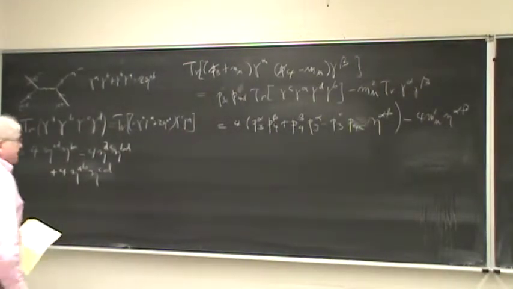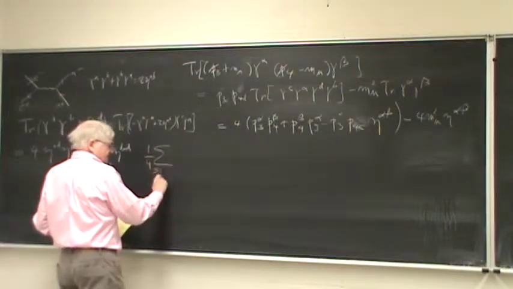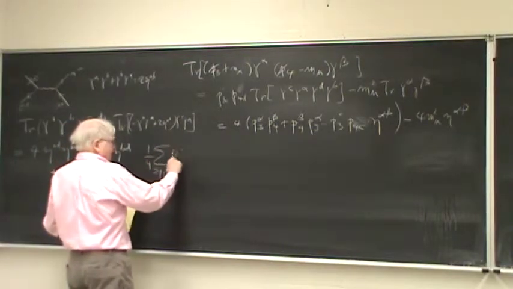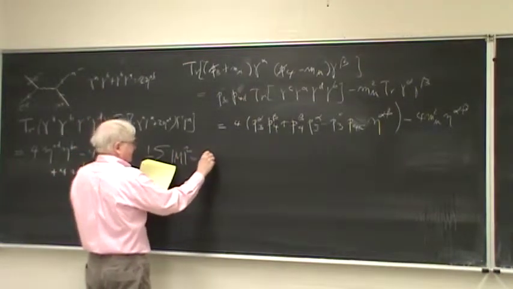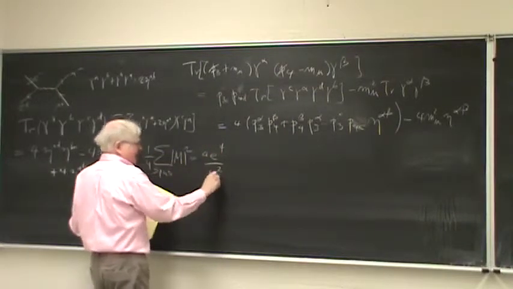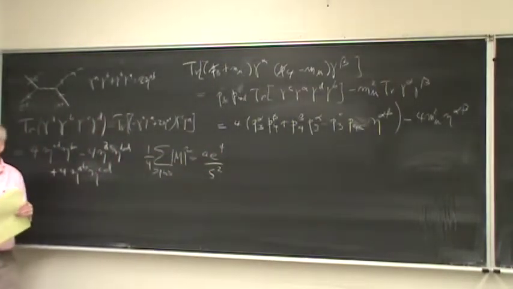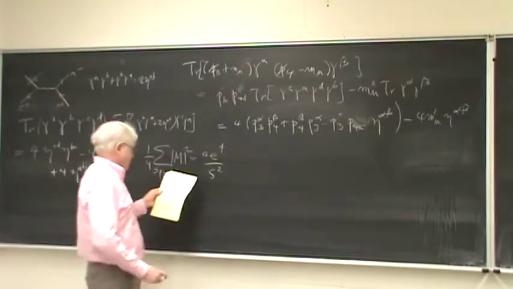And so then 1/4 the sum over spins of the amplitude squared is then 4 e to the 4th over s squared. Remember, s is (p1 plus p2) squared, where p1 and p2 are 4 momenta.